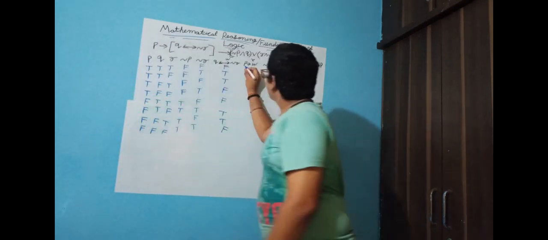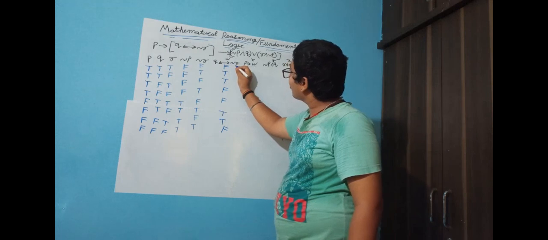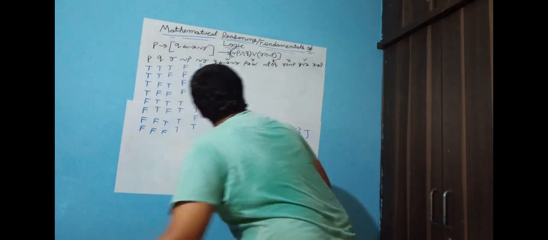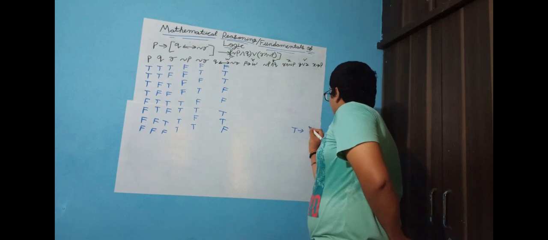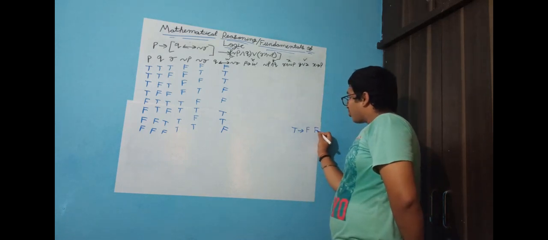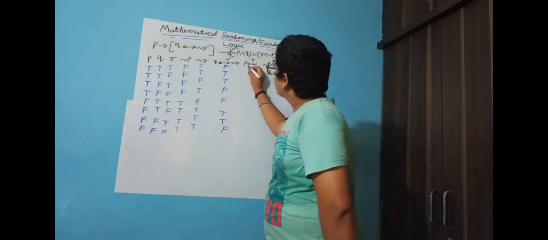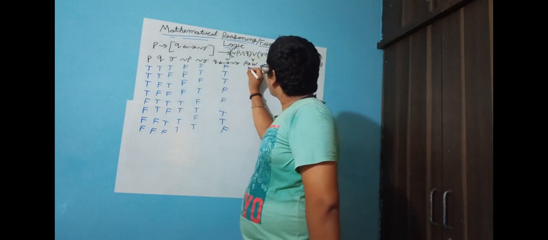Now we need to find P implication W. What is W? Q if and only if negation R. And now coming to implication. True implication false, then only resultant will be false. Otherwise, in all the remaining cases, it will be true. Now P. Don't take negation P. P. True implies false.